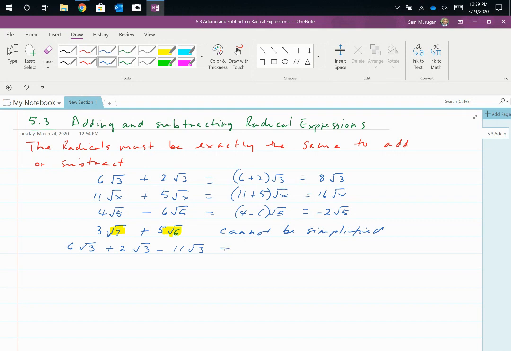So all the radicals are the same. 6 plus 2 minus 11 square root 3, which is negative 3 square root 3. 5 cube root of 5 plus 6 cube root of 5: 5 plus 6 cube root of 5, which is 11 cube root 5.